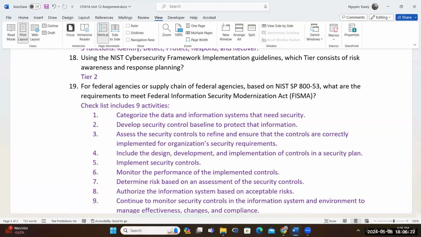Then we want to use design, development, and implementation of the control in the security plan. It might sound really general, right? It reflects back to what we saw earlier in your notes, design, development, and implementation. So design is we can design a security solution, such as a training program for the users against phishing, like a phishing campaign.